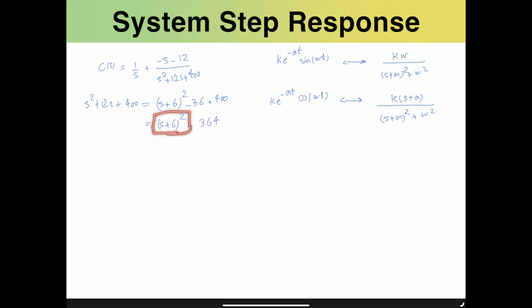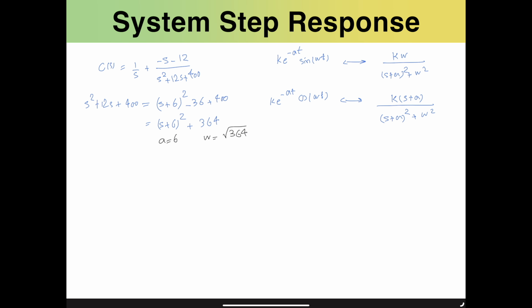Now I can see that I can make a squared root in the denominator. So if I want to compare with what we have so far, I can see that a, in my case, is going to be 6, and w is going to be the square root of 364. We're not going to actually simplify that further because that's not the main purpose.